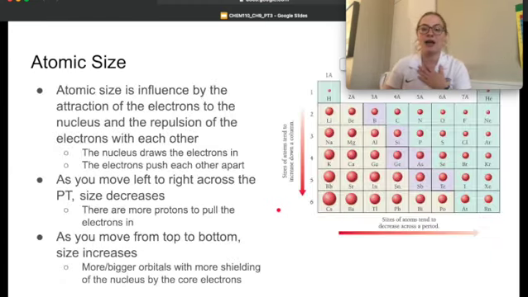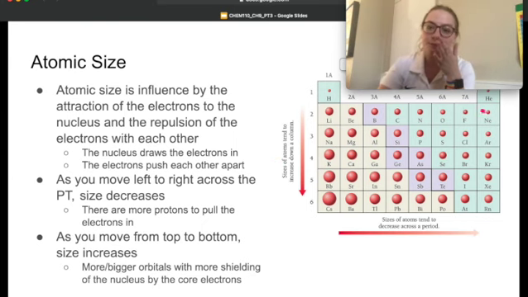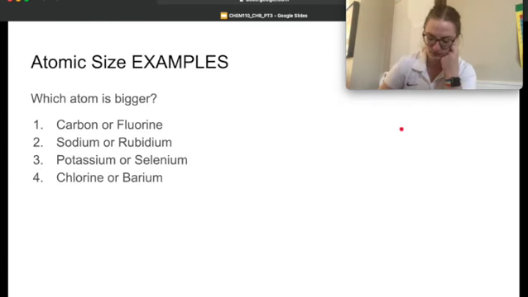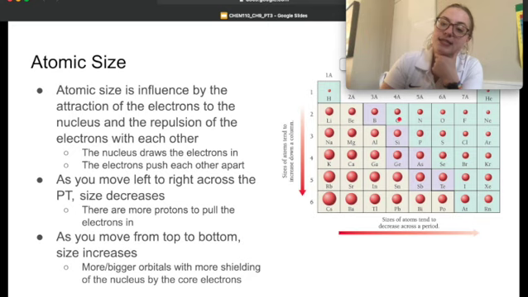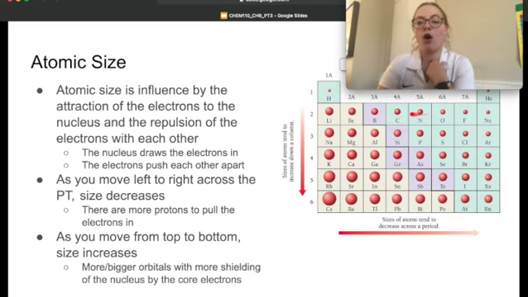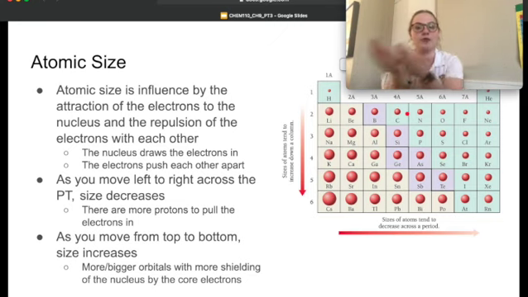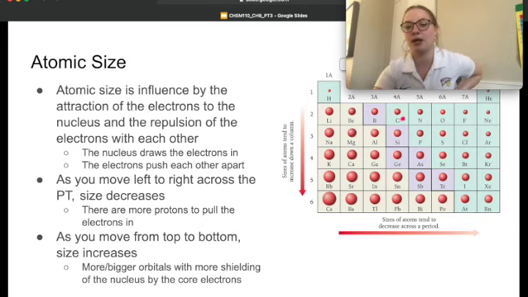If I go back to my periodic table, I can see that carbon is here, fluorine is here. Carbon is further to the left, so it's bigger, okay? Further to the left is bigger, further to the bottom is bigger. So comparing carbon and fluorine, carbon's further to the left, so it's bigger.